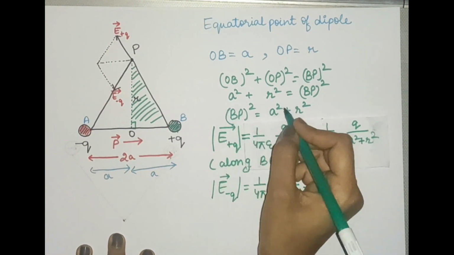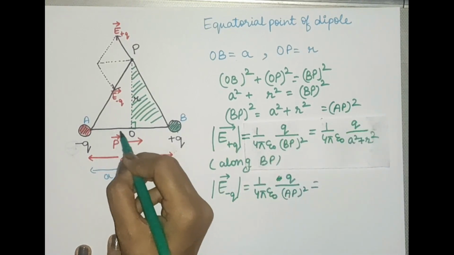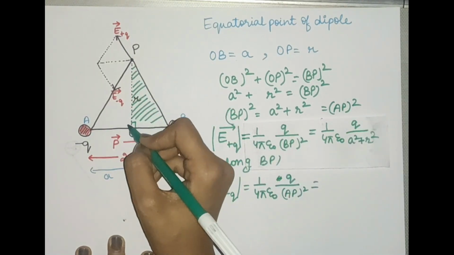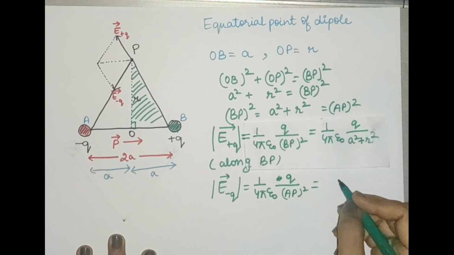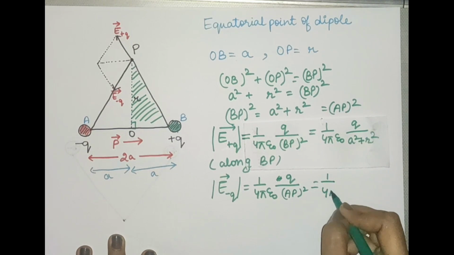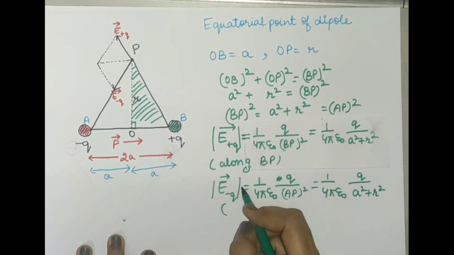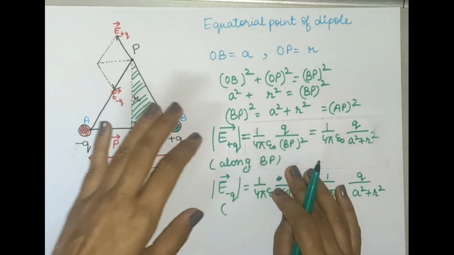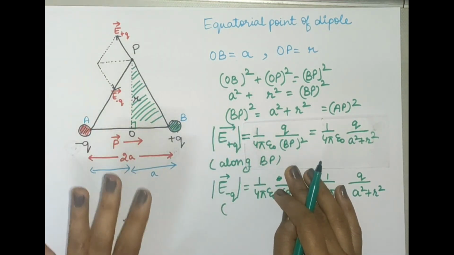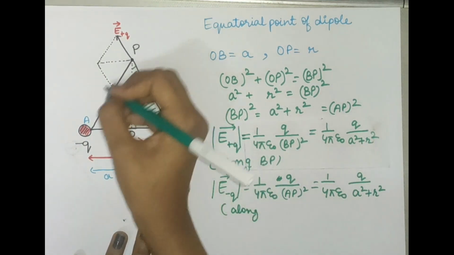Now again my AP square would also be equal to a square plus r square, since here also I have base equal to a and the distance is r. So I get 1 upon 4 pi epsilon naught q upon a square plus r square. Please dear students, kindly keep in mind that I am neglecting this minus sign because we are just considering the magnitude and nothing else. And this will be directed along PA.